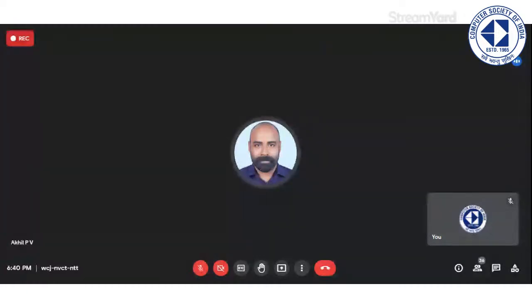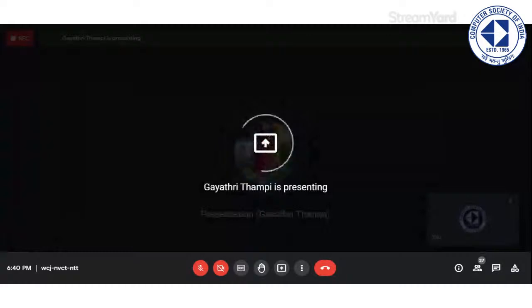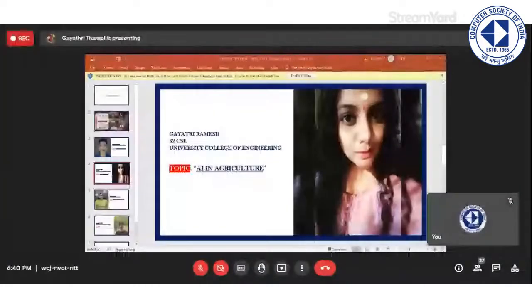Sir, initially when we were talking about this product, we thought we'd build something based on a smartphone app. Later on we realized that these farmers are from rural areas and many of them might not even have access to the internet. So what we are trying to build is something that will be fully automated, and they can even access it with their 2G phones without the usage of internet.